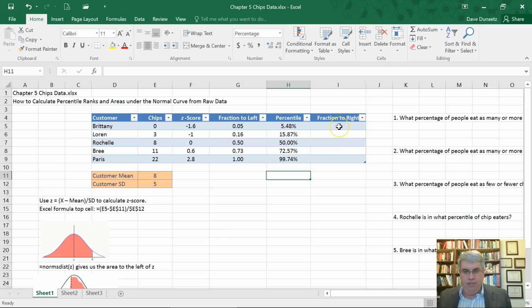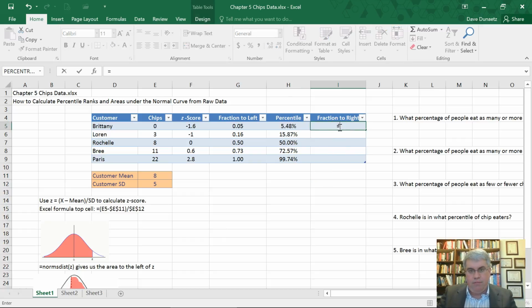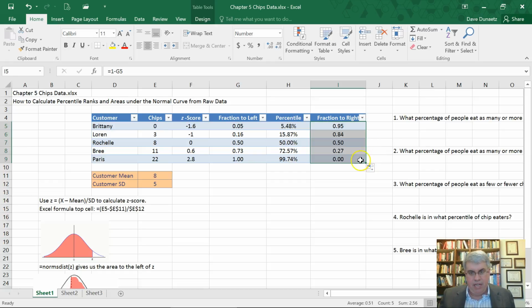So I am going to go to this cell, and I'm going to do equals 1 minus G5, and I will get, so that's 95%, and I'll just copy all this, bring that down, and we'll get the fraction to the right.